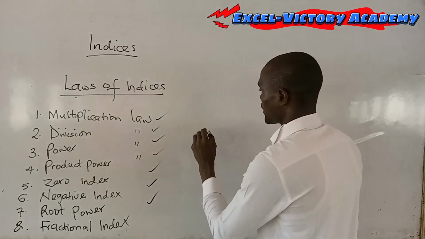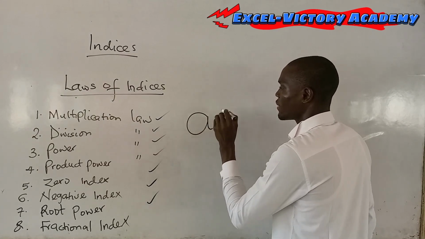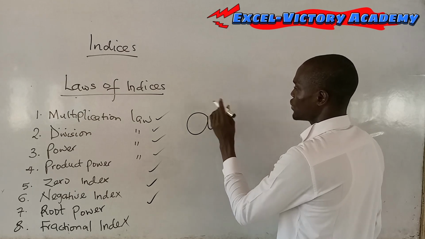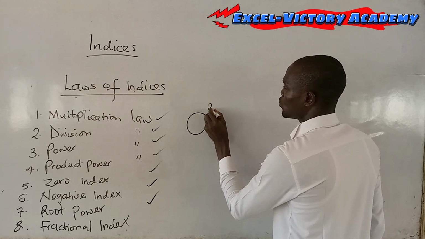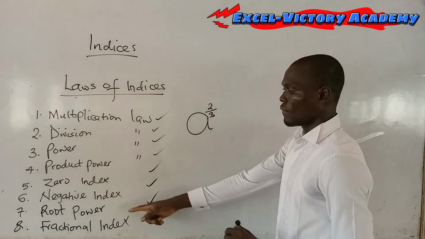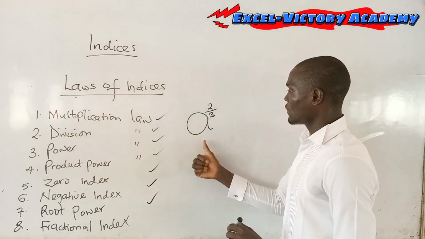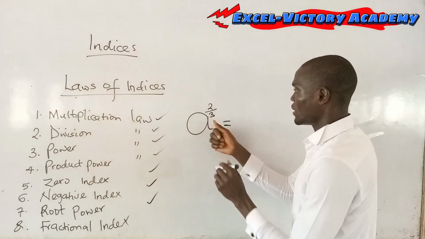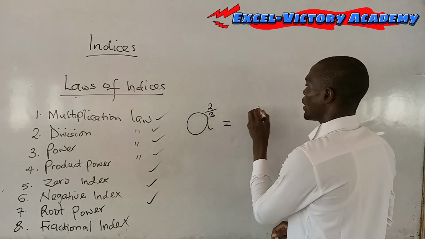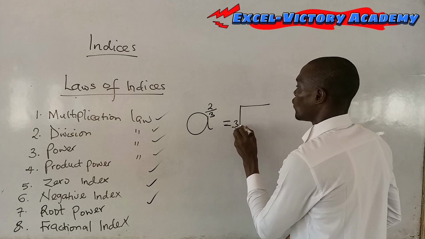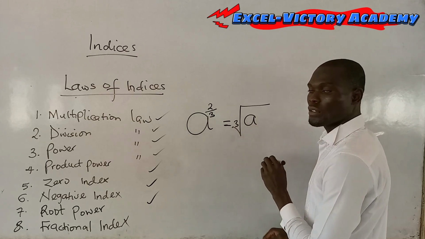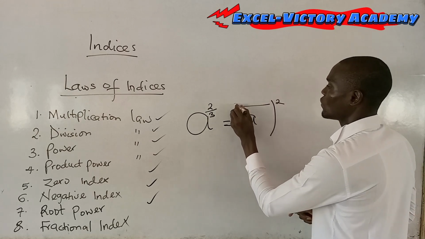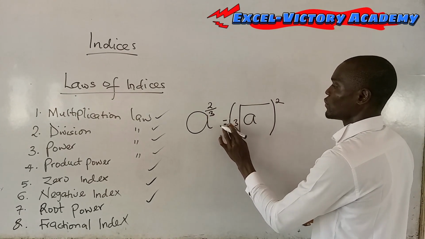For instance, if a is no longer raised to the power 1/2, but raised to the power of 2/3, fractional index states that we should find the nth root of the denominator. This is the denominator in this case, so we are going to find the cube root of a. Thereafter, we raise the outcome to the power of the numerator.